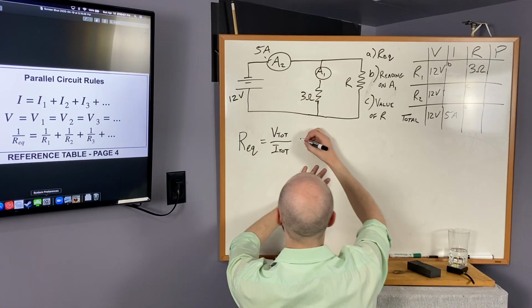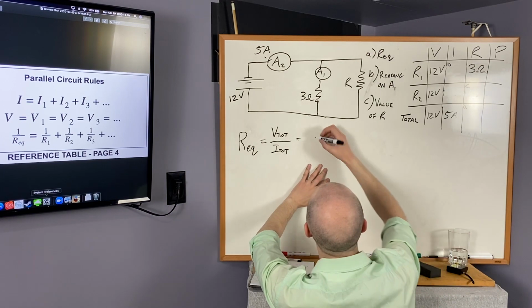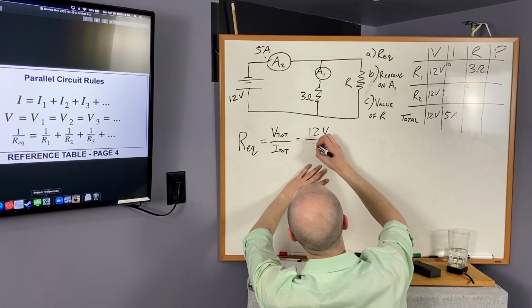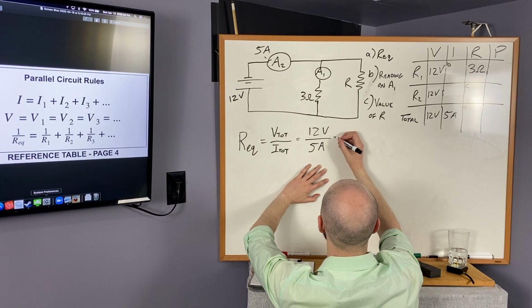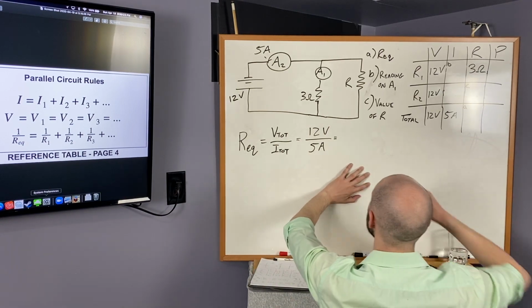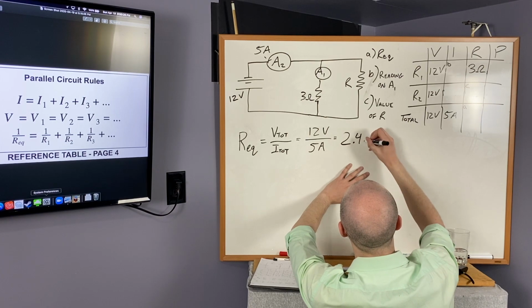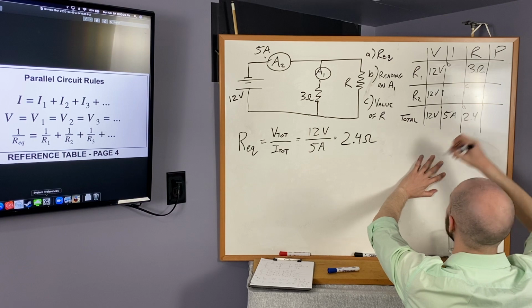We want REQ. 12 volts over a total current of 5 amps. And with that, the equivalent resistance is 12 divided by 5, 2.4 ohms. Let's plug that in, and that is the answer to part 1.